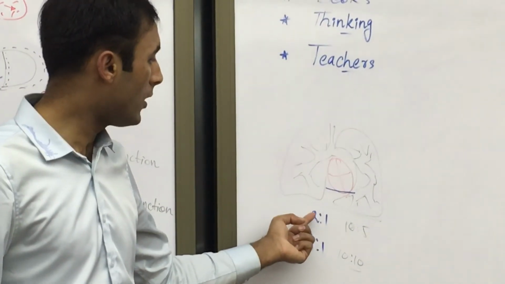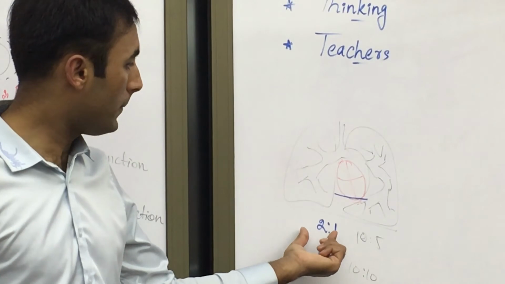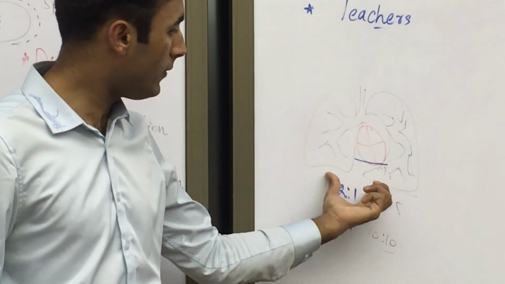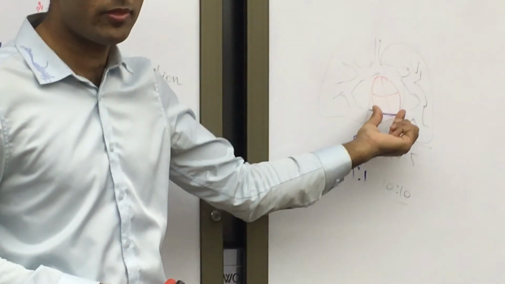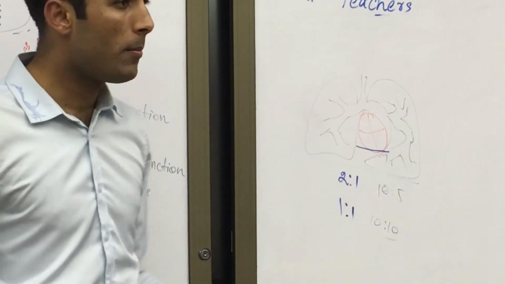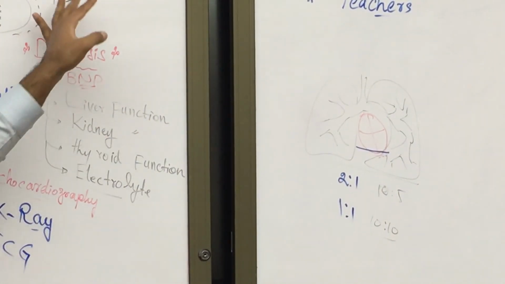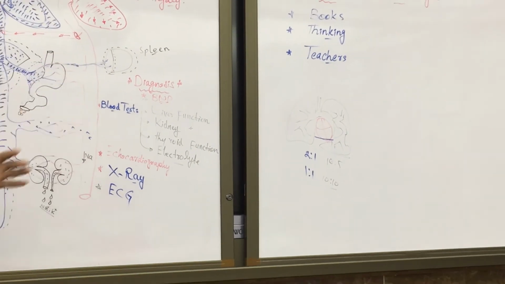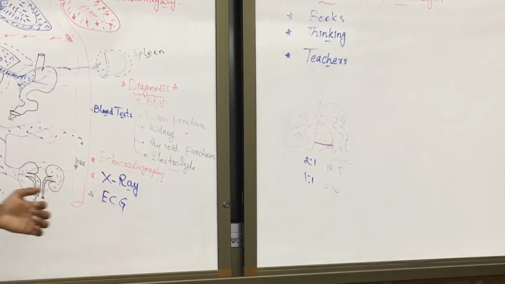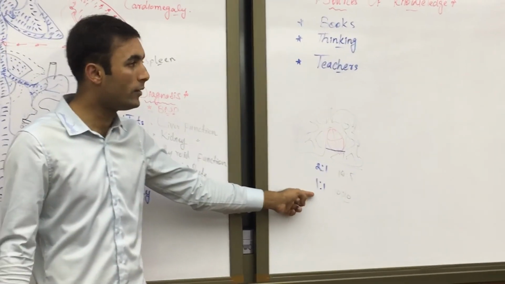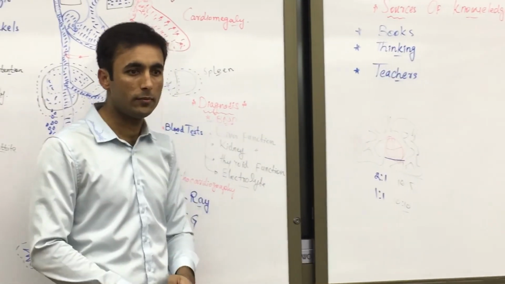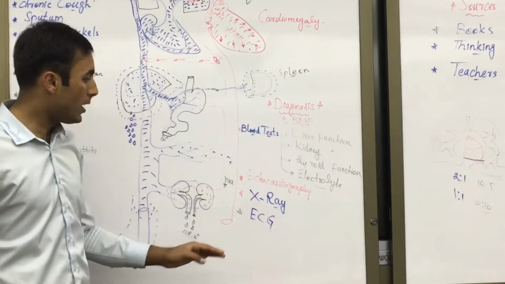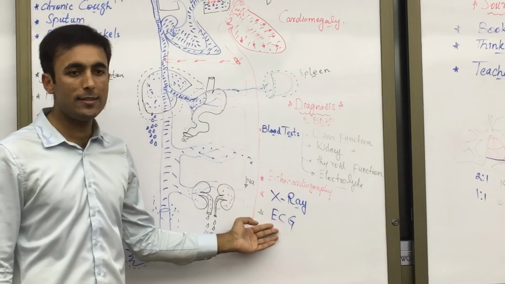That is, in a normal patient, the length of the lungs is double the length of the heart. But in a heart failure patient, our heart is becoming big, our heart is enlarging. So in the heart failure patient, this ratio becomes 1:1. Is that clear?